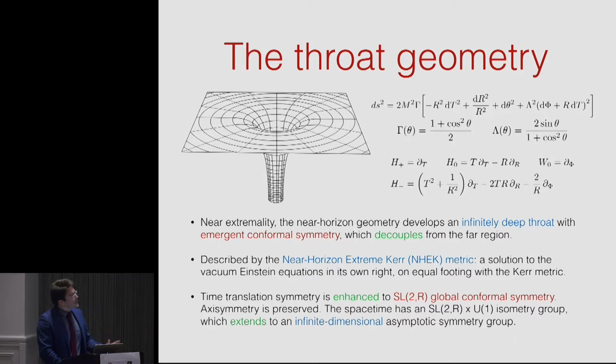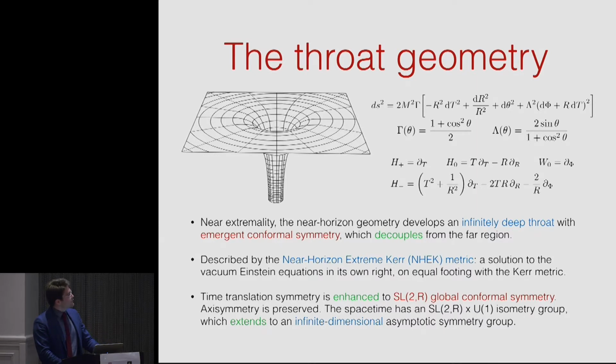I can't explain all of them in detail, but I want to get them across. The first one is the near extremality. The near horizon geometry develops this infinitely deep throat, which has an emergent conformal symmetry. In fact, there are 4 isometries generated by the Killing vector fields, which I wrote here. Moreover, this geometry decouples from the far region. So it's described by the so-called NHEK metric. NHEK stands for near horizon extreme Kerr.